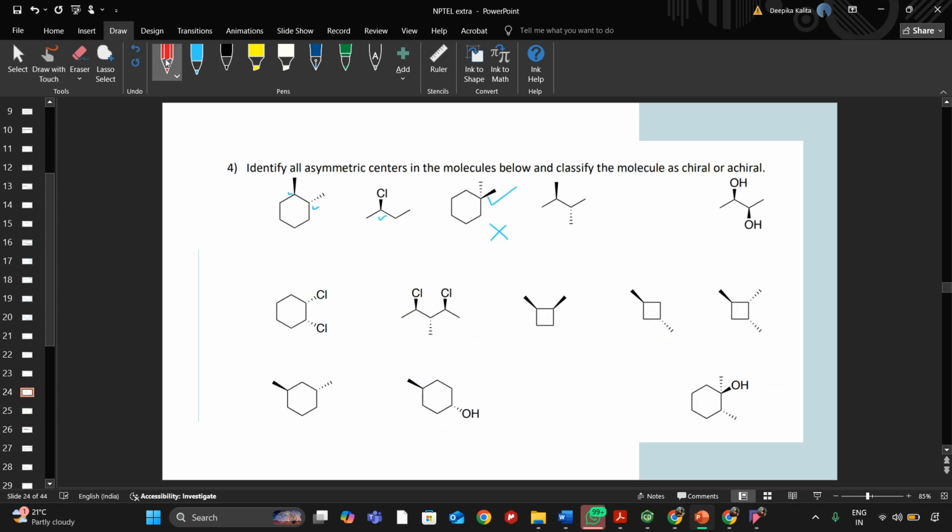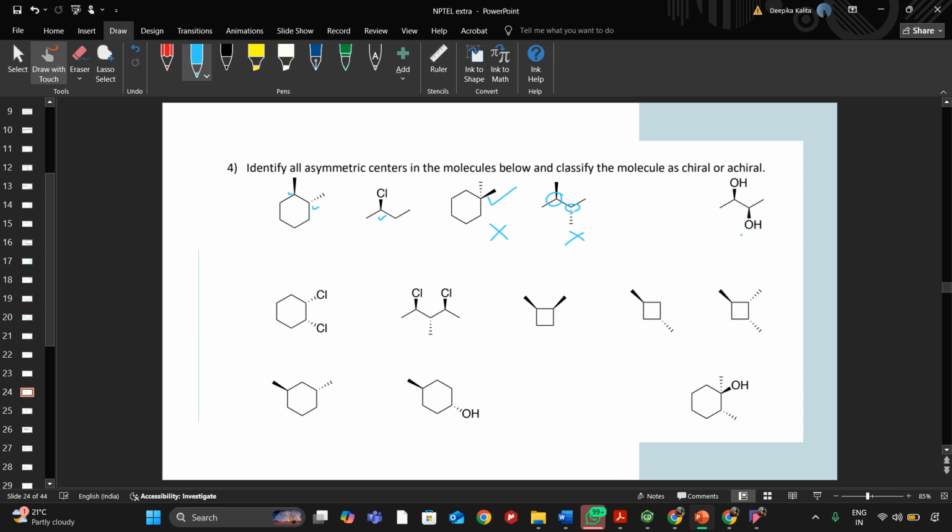Similarly, for this one also, it is identical. It is symmetric because these two substituents present in the center and these two substituents present in the center are the same. Hence, it is achiral.